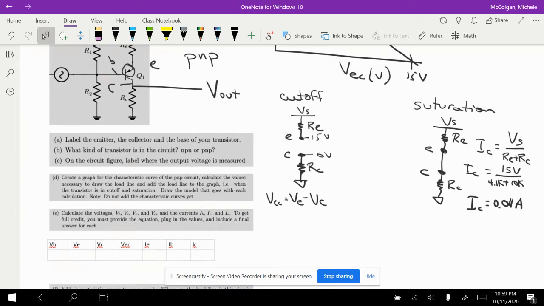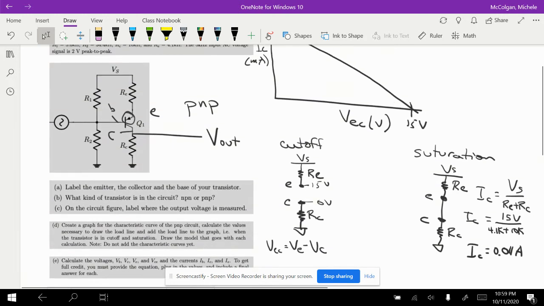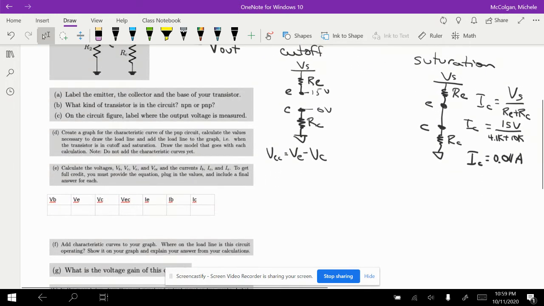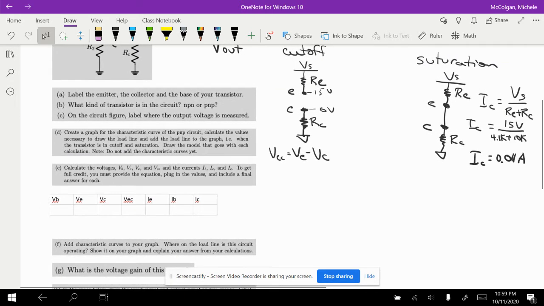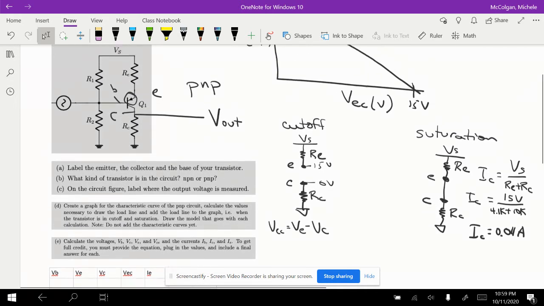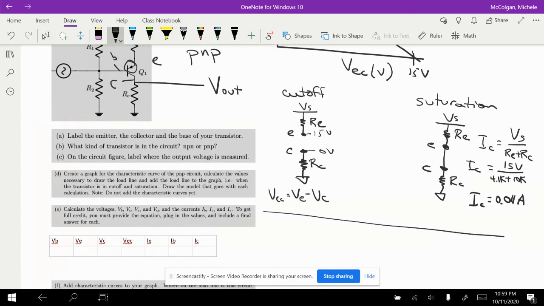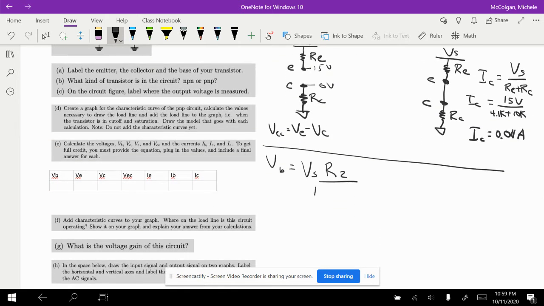Okay, so next we have to calculate the voltages. So in order to calculate the voltages, we're going to start with VB. So let's calculate VB, and we're going to use the voltage divider here. So let's just draw a line, and we're going to say our VB is equal to Vs times R2 over R1 plus R2.